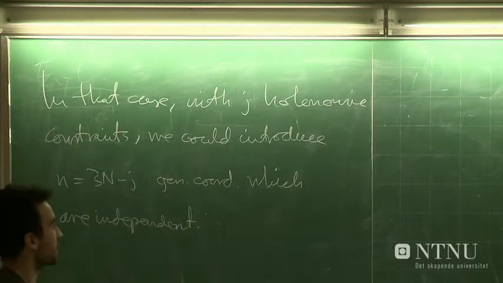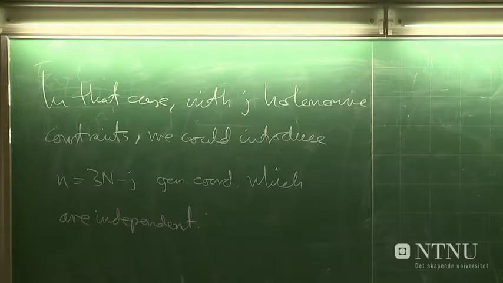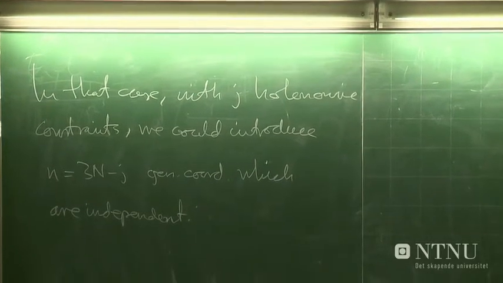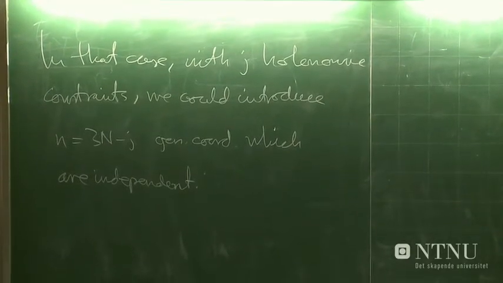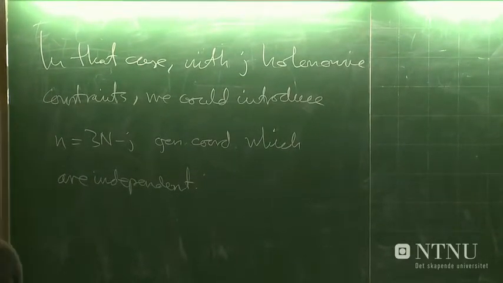So in that case, with j holonomic constraints, we could introduce small n equals 3 times large N minus j generalized coordinates, which would be independent, where the constraints would automatically have been taken into account.